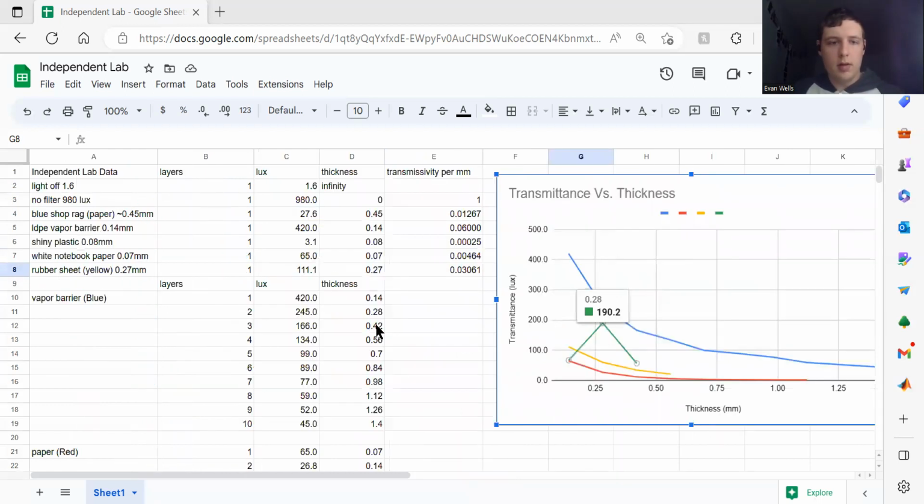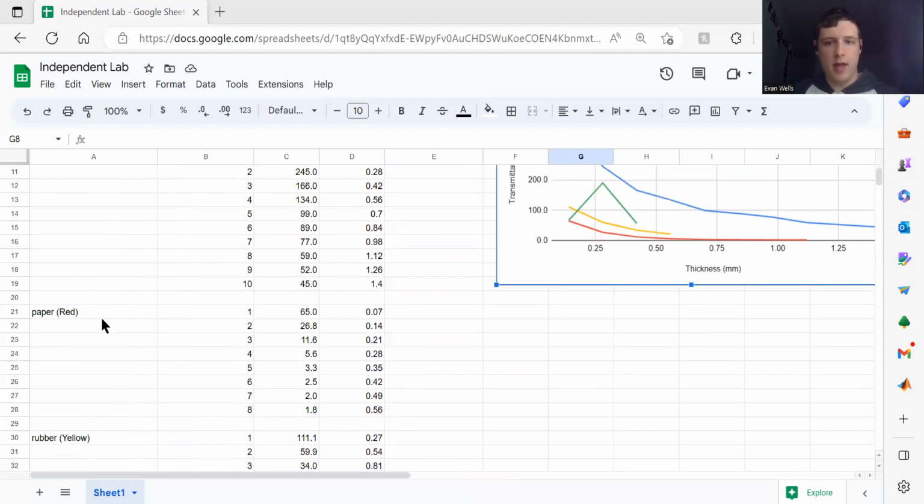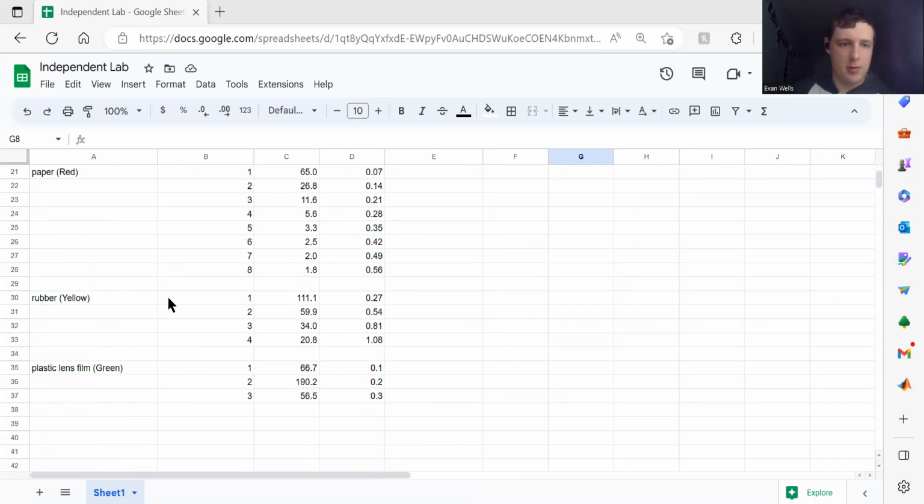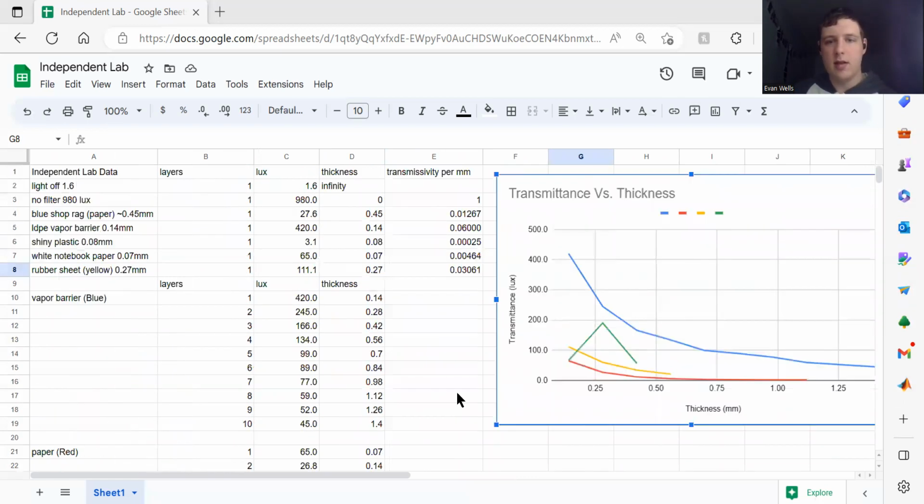The blue is our vapor barrier. We also have red, which is our notebook paper. Yellow on the graph, which is that yellow rubber I showed you. And interestingly, I have this plastic lens film. I think I showed it to you earlier.